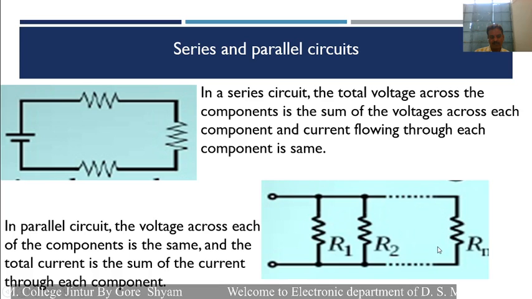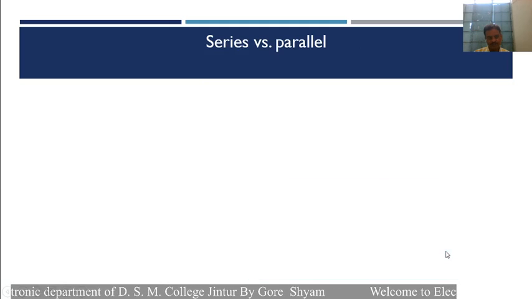And in a parallel circuit, the voltage across each component, that is R1, R2 and Rn, is the same, and the total current flowing through this circuit is the sum of current flowing through each component, that is known as the parallel circuit.